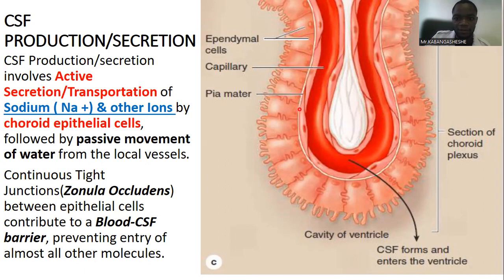squamous cells. Now, these squamous cells are held together by zonula occludens, or tight junctions. So connecting this cell to this one here, you're going to find very tight junctions. And tight junctions do not allow seepage of any fluid or ions whatsoever, right?